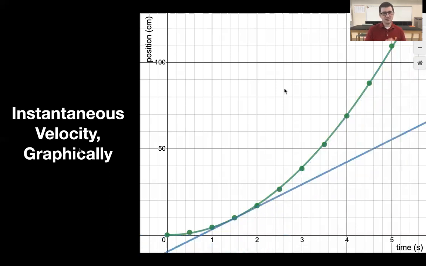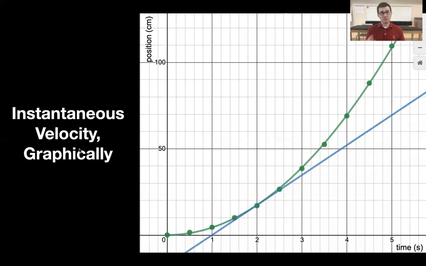You can see that the slope gets steeper and steeper and steeper of the tangent line, which makes sense because as the ball or the marble was rolling down the ramp, it was getting faster and faster and faster. So we can freeze frame right here and try to figure out the slope of the tangent line at 2 seconds. If we find the slope of the tangent line at 2 seconds, then that gives us the instantaneous velocity right there at 2 seconds.